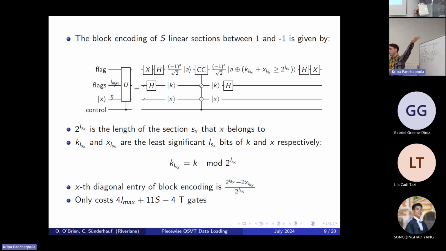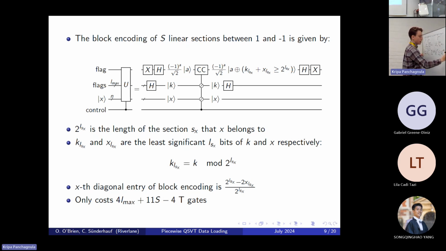I've ignored the control line for this because it doesn't have an impact, but you have this high bit add where K LSX is equal to the least significant bits of K. And so this is just a sum over 0. That should be a square root 2. And then what I've written up on the board already.